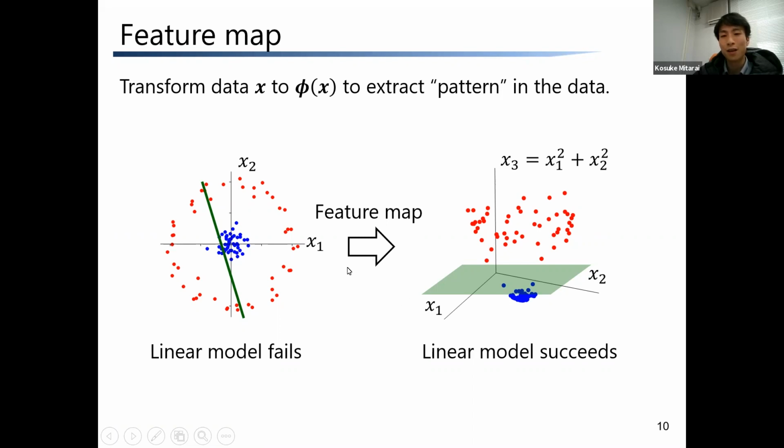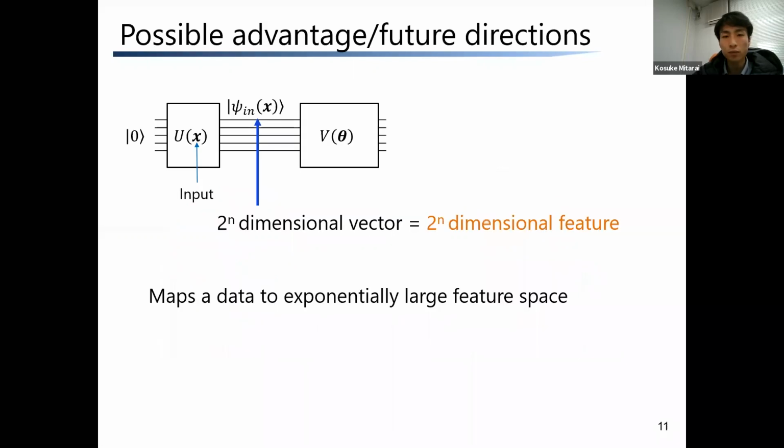Going up to high dimension sometimes makes it easy for an algorithm to learn about this data set. Like this, we can gain an advantage from using quantum circuits.